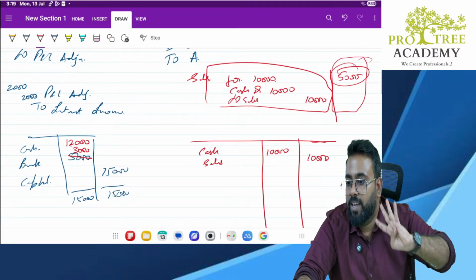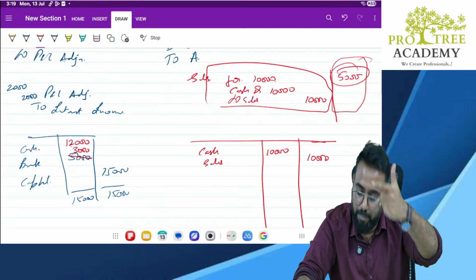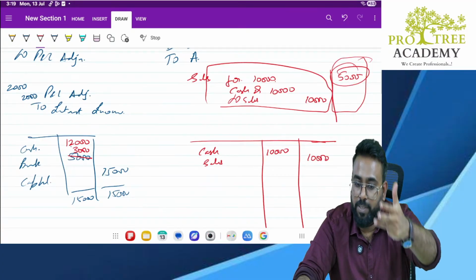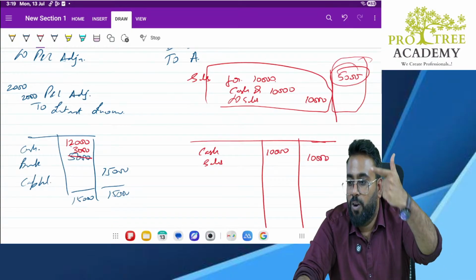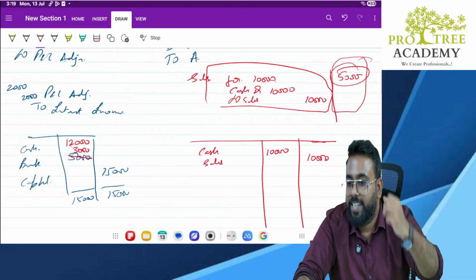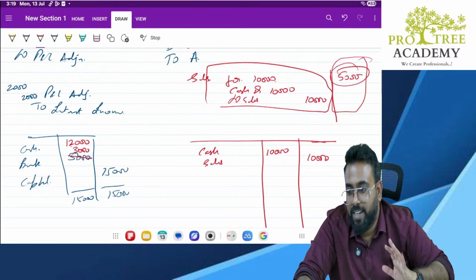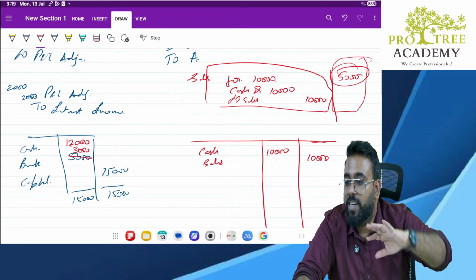Clear? How many types of error? Four. Error of principle, commission, principle, compensating error. Difficult to find out using trial balance: compensating, omission, sometimes principle. But error of commission can definitely be found out using trial balance. Clear? Again, in error of commission, what are the types of errors?